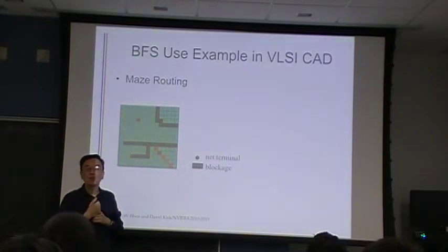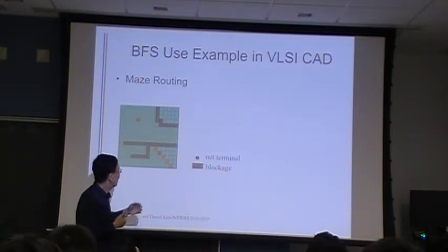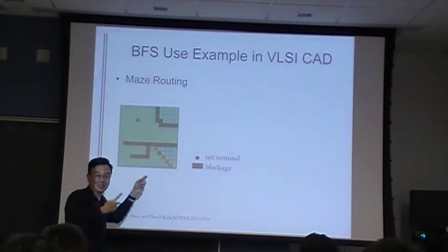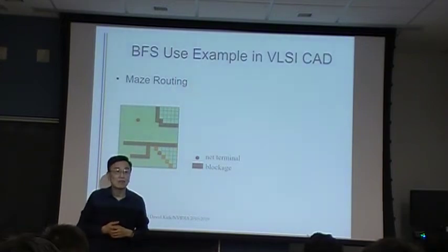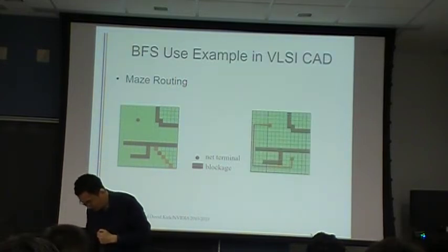You may have multiple ways, by the way. So there's some heuristic involved if you have multiple ways to choose. For example, you may want to have a straighter line connection, as straight as possible rather than zigzagging, right? So there's certain heuristic involved when you have some choices. Make sense? Okay. So that's the usage case.